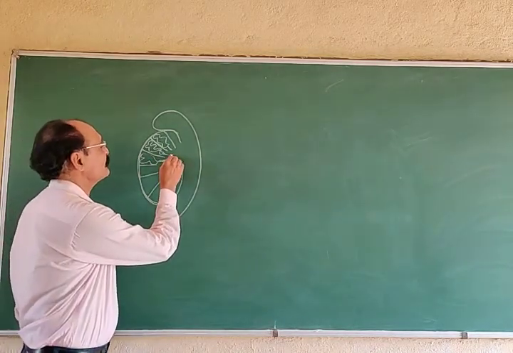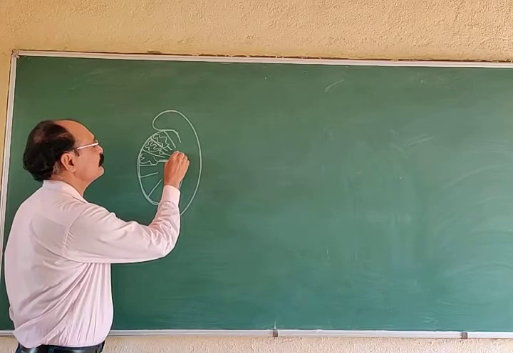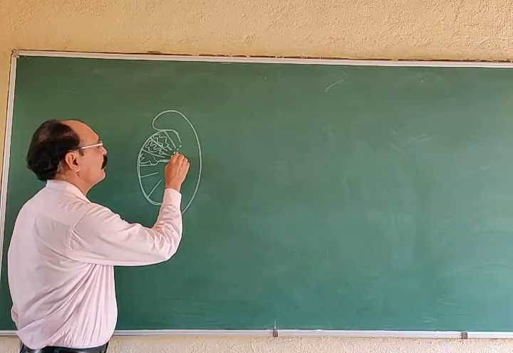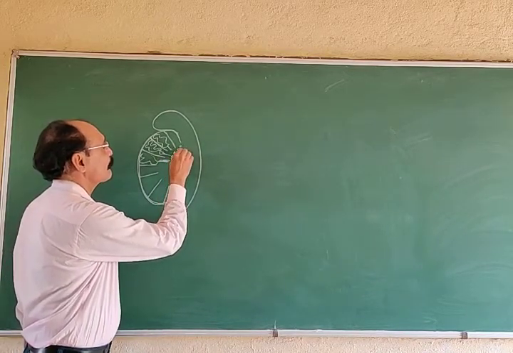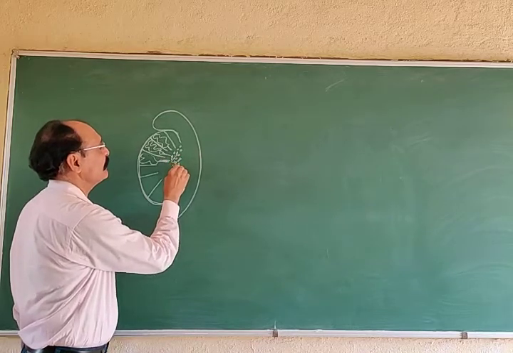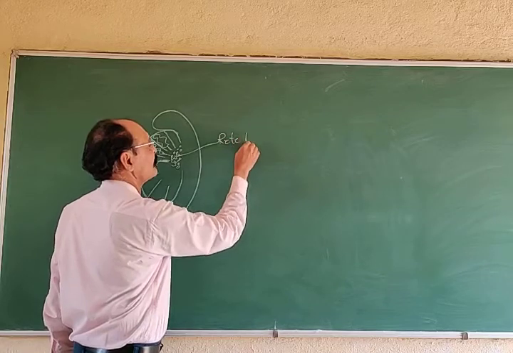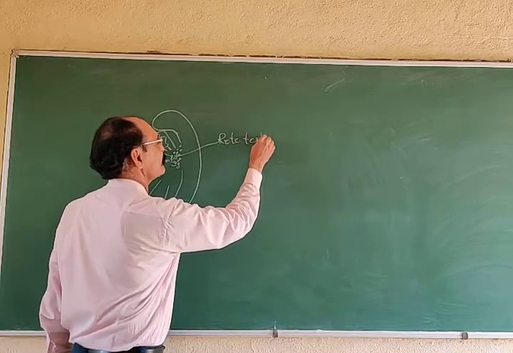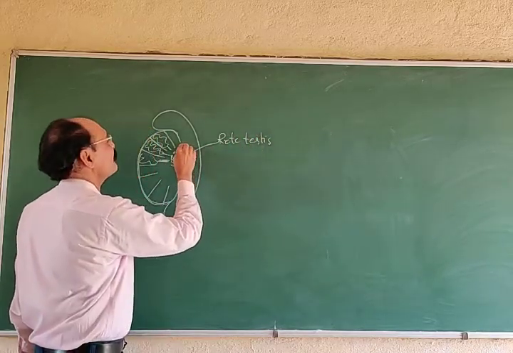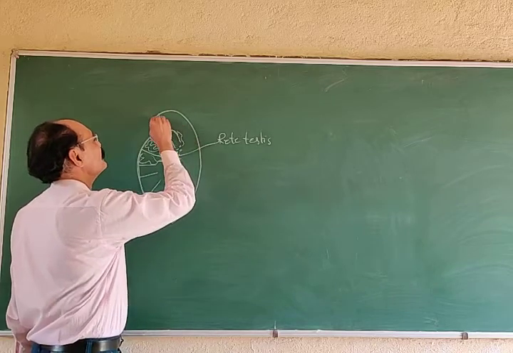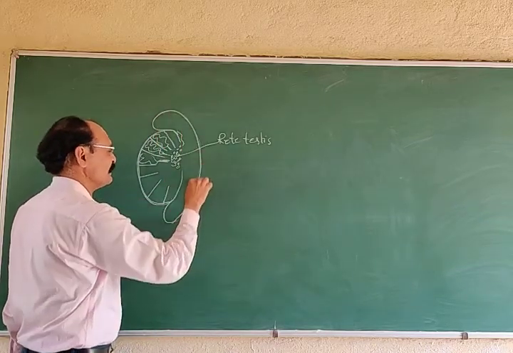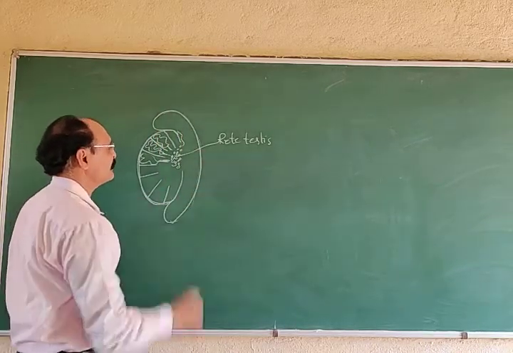Here these seminiferous tubules open into one side of the testis, and it is called the rete testis. The structure seen outside the testis is the epididymis.